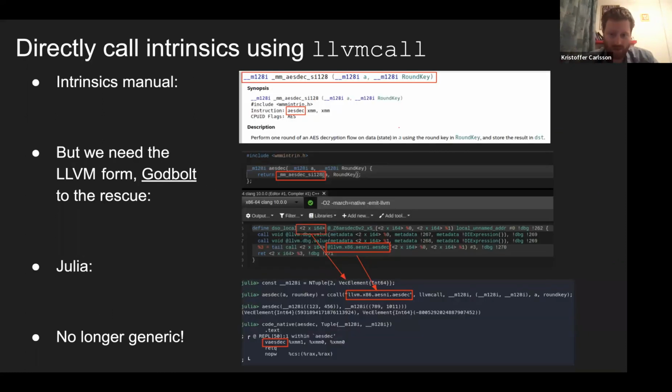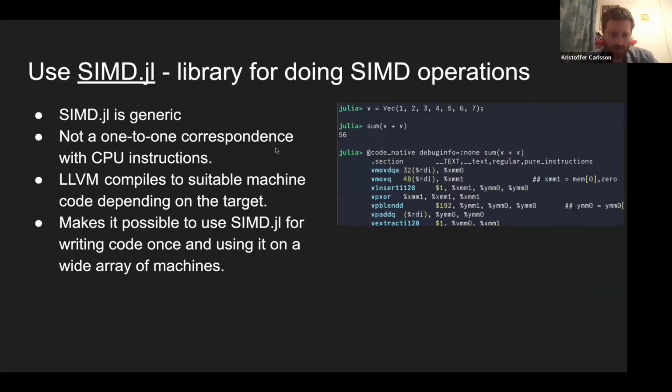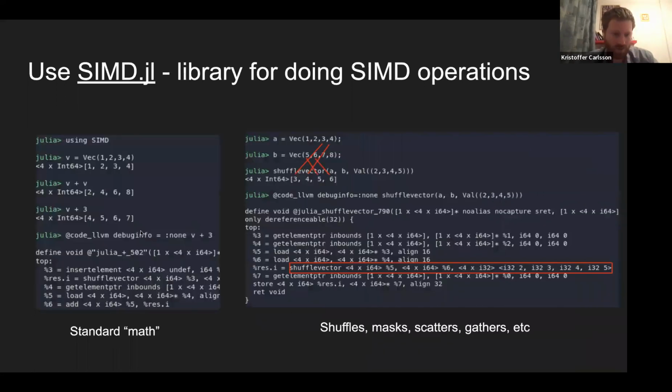Like if I go back and look at the LLVM here, it just becomes very short, and if we look at the native, it would just be one instruction, or a few instructions. It wouldn't really be any overhead when it comes to runtime.